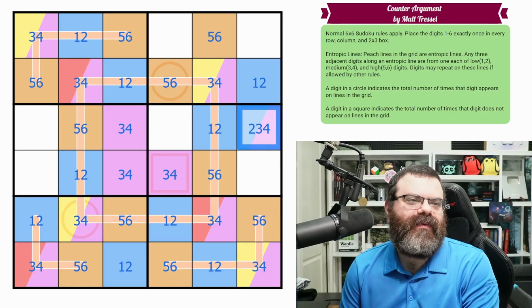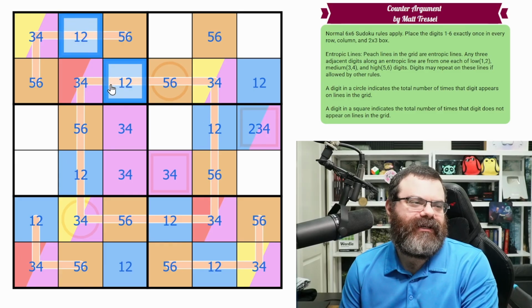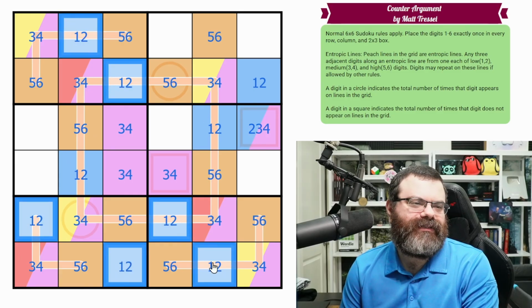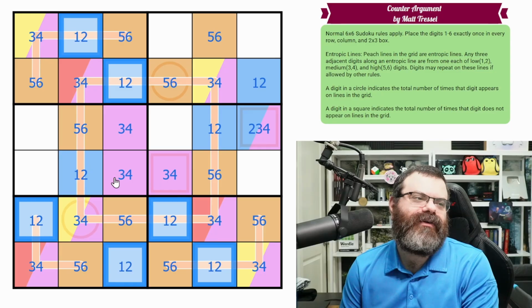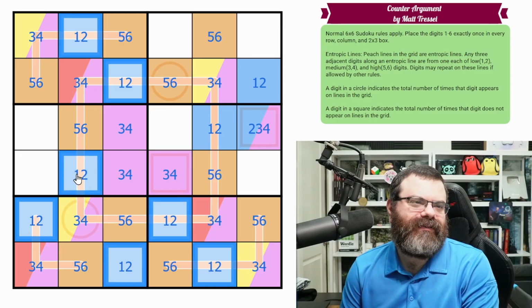So the only way that we avoid that is making this a 2, which would mean that there's a 2 on here, a 2 on here, a 2 on here. Right, it would mean that this is a 2. That's what that means, that we kind of already decided that.